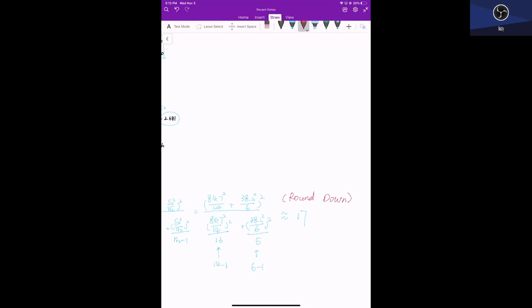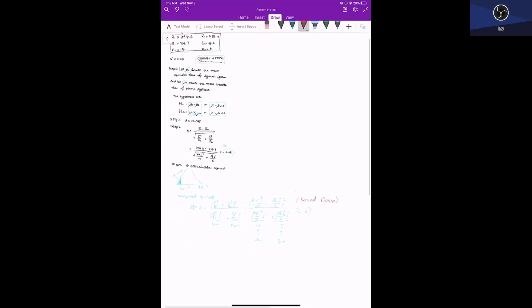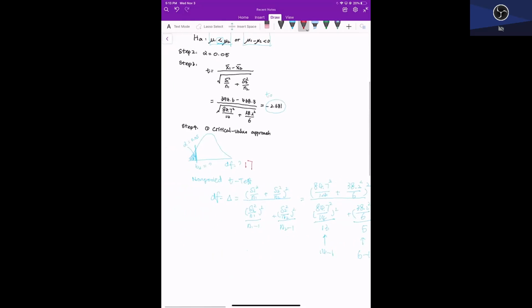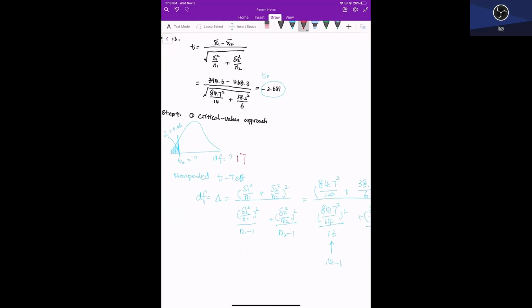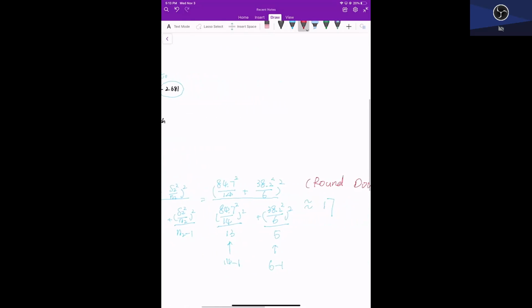So 17 now is my degrees of freedom. Let me put a 17 here. And now you go back to the table. I will switch to the computer itself to show you the table.